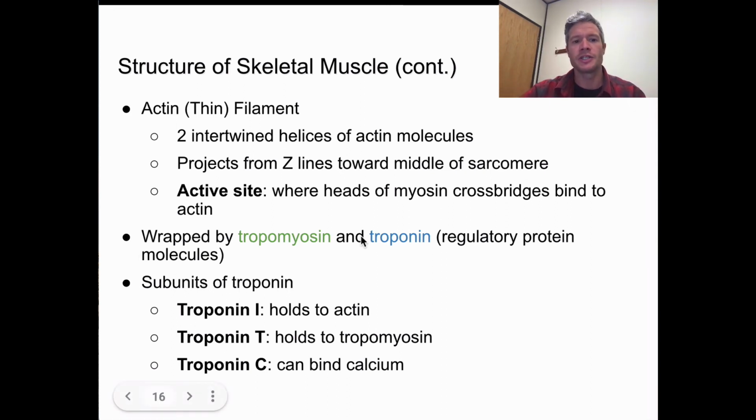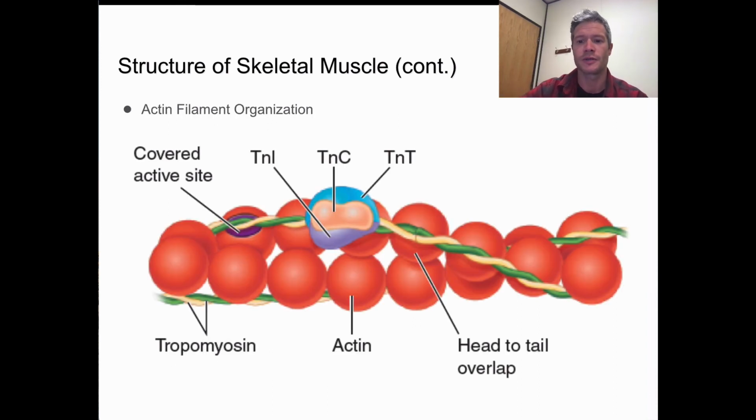Okay, and that's largely done by these regulatory protein molecules called tropomyosin and troponin. We'll explain how they work exactly in the next section. But what we'll find is that there's these three subunits that hold on to the actin, or the thin filament. They hold on to tropomyosin, which is this other band we'll see in an image in a moment. And then troponin C binds calcium, which has to do with the activity of creating force. Okay.